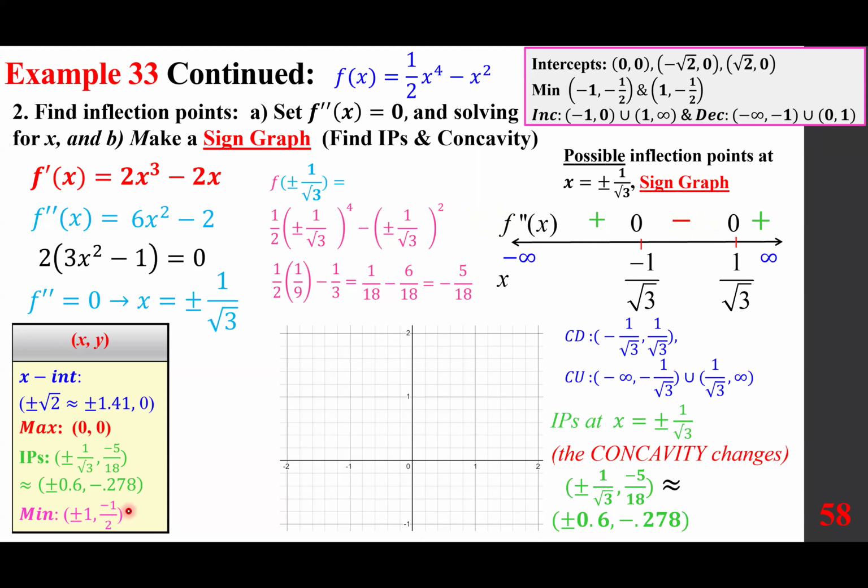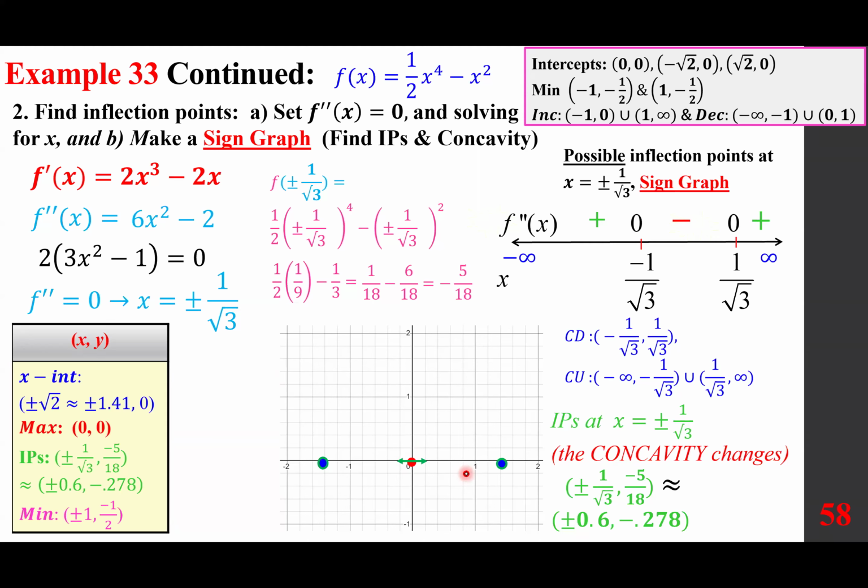So let's start with, okay, so this is 0, 1, 2, negative 1, negative 2. So negative 1.41 is somewhere here. Positive 1.41 is somewhere here. 0, 0 is here. And for 0, 0, because it's also a maximum, we put the double arrow, meaning when the graph hits it, it can't cross.